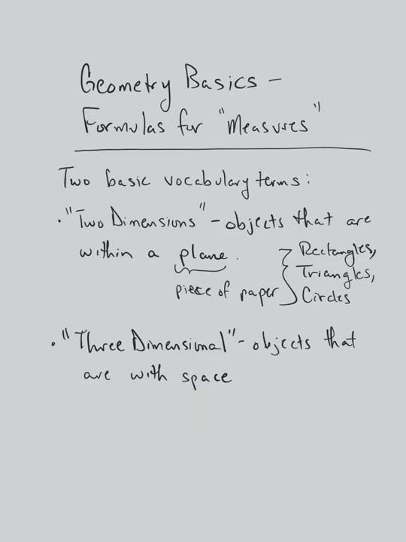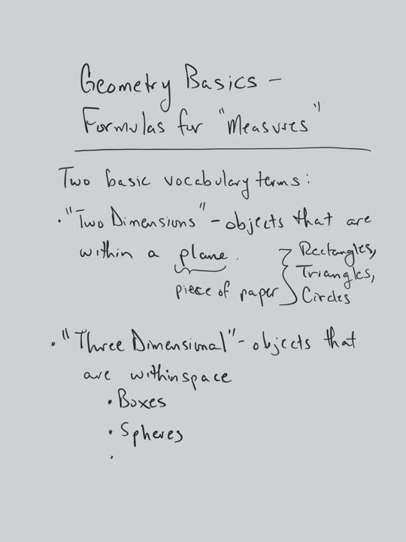Now with three dimensions, these are objects that are within space. These are just typical three-dimensional objects, but we'll just look at basic ones. We'll look at what we'll call boxes, or spheres, which are in three dimensions.